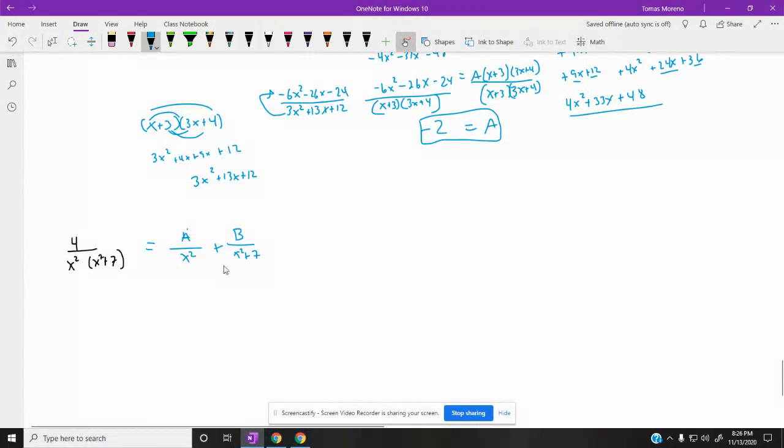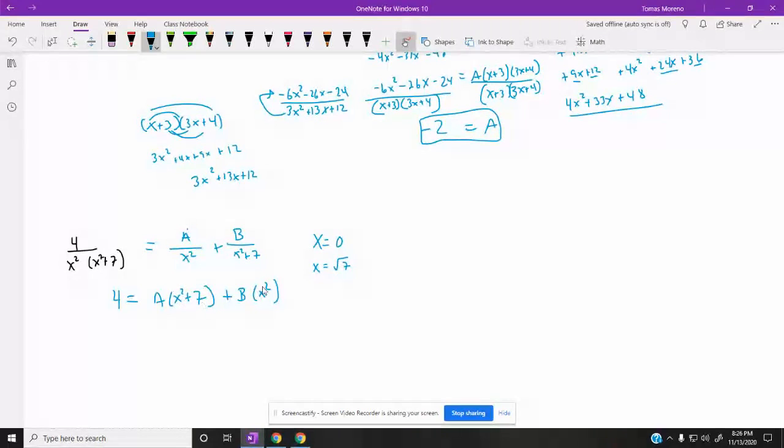When that happens, they're already telling us. We already know that we're going to multiply all of it by this bottom, leaving us a times x squared plus 7 plus b times x squared. Our two x's in this situation: one is going to be 0, so x will equal 0. The other one is kind of tough because we're going to take the square root.